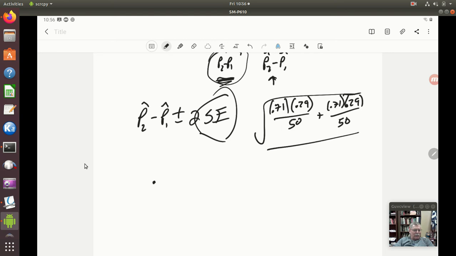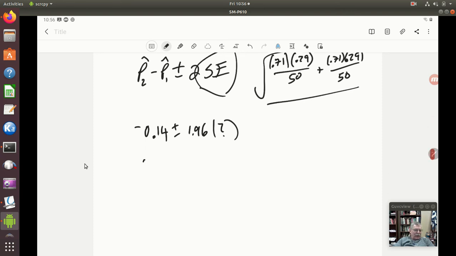I messed up in that I used P2 minus P1, and that thing uses P1 minus P2, so I'll use their negative 0.14, and then plus or minus, they had 1.96 times something or other, I don't remember, but that gave us our confidence interval from minus 0.35-ish, I think, up to 0.04-ish.